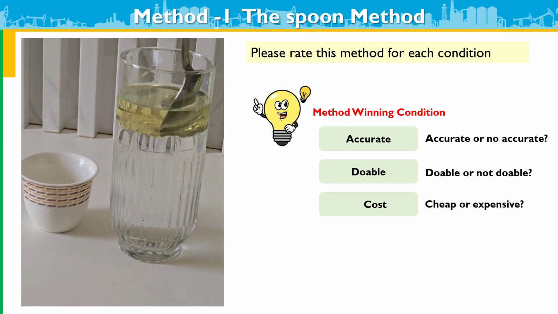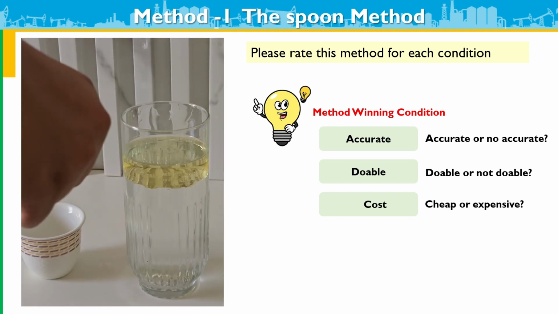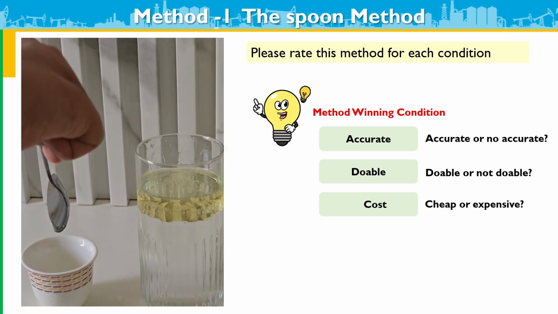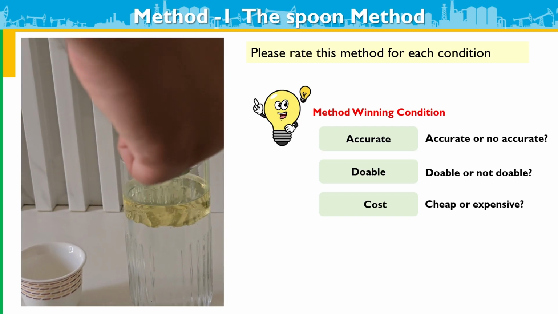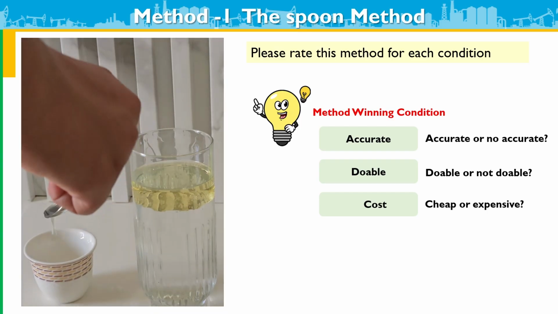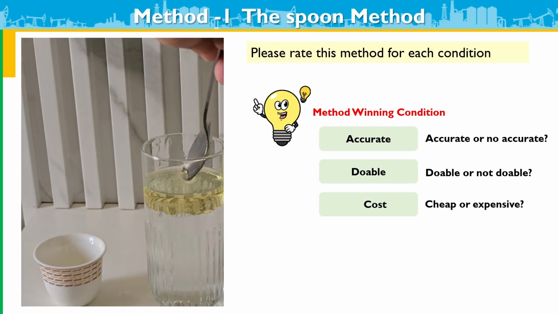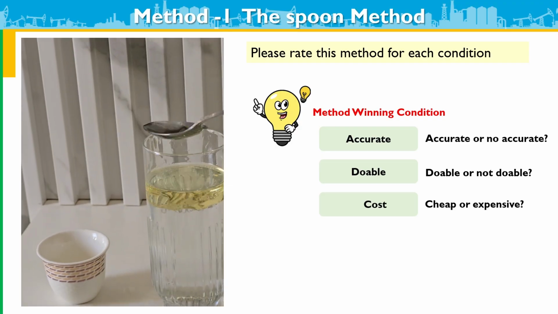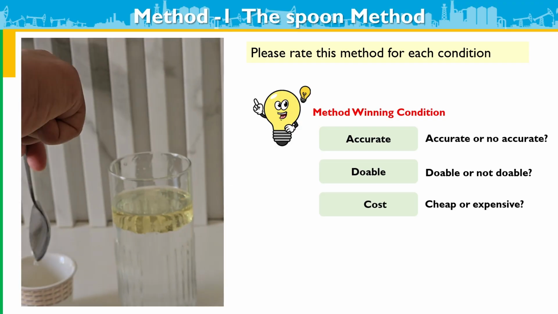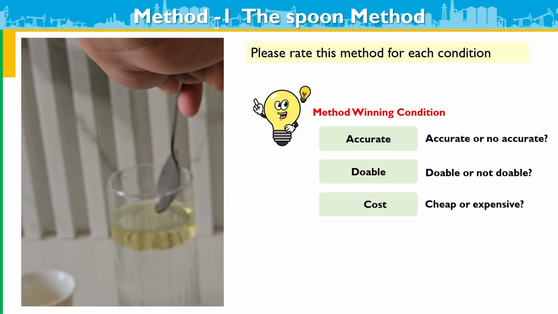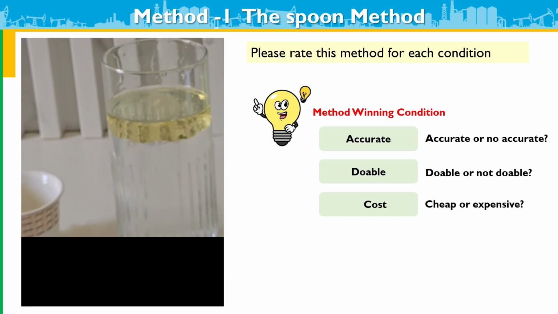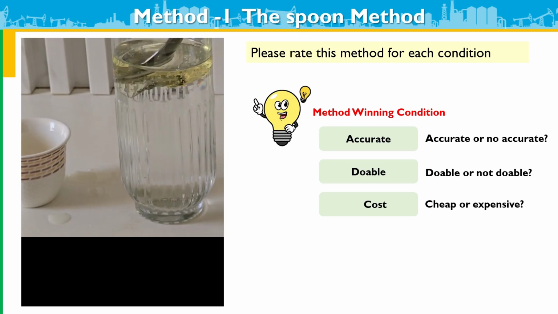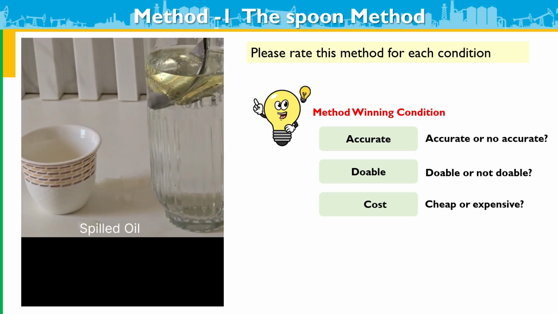While watching this video, I want you to focus on the effort required to measure the amount of oil, and think of any issues or problems with using this method that might not make it the best for measuring the amount of oil. At the end of the video, I will ask you to do the rating, and I will take you through that. So let's see.